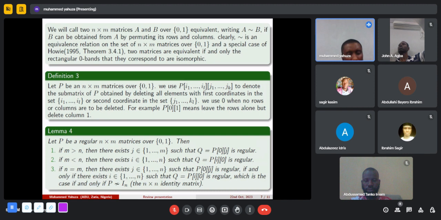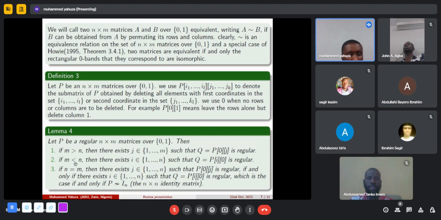So if you delete the jth column, then this submatrix will still be regular. Two, if m is less than n, then there exists i in 1 to n such that Q equals P(i; 0) is regular. Likewise here, if m is less than n, then you can delete the ith row in the matrix, and still the submatrix Q will be regular.